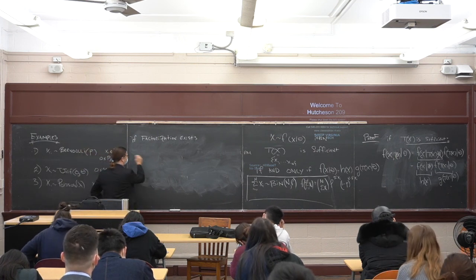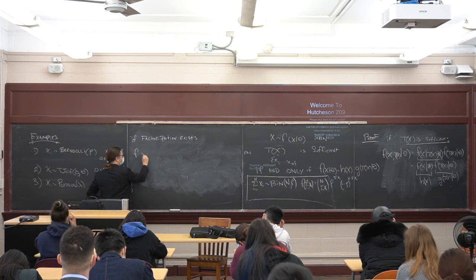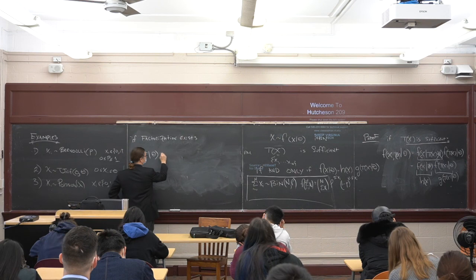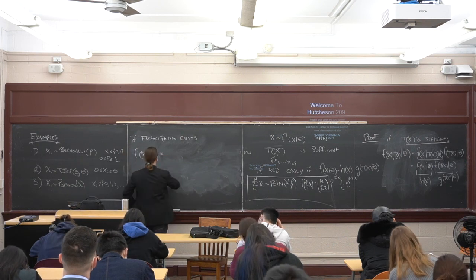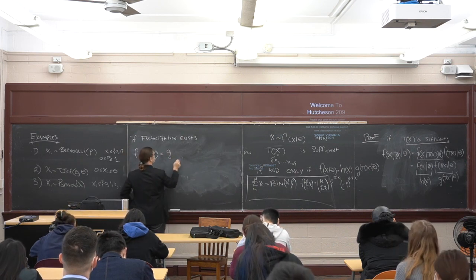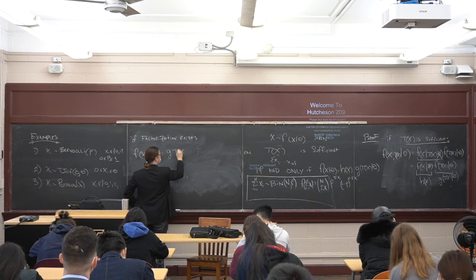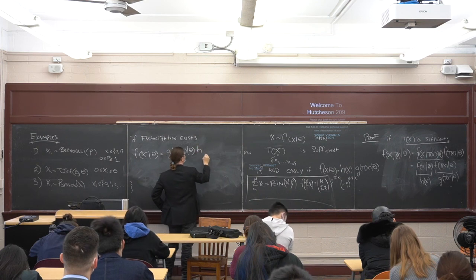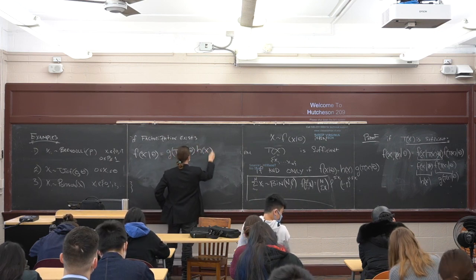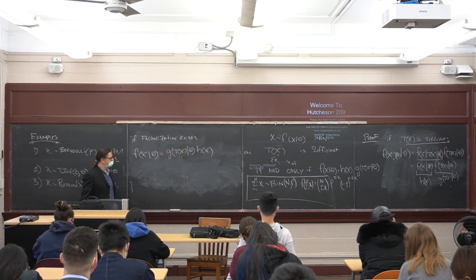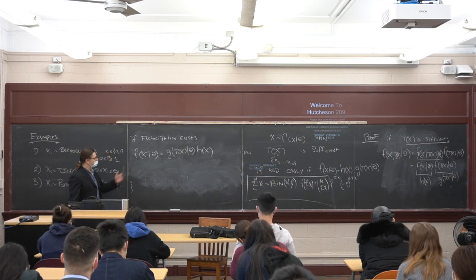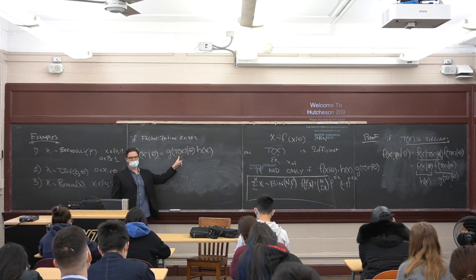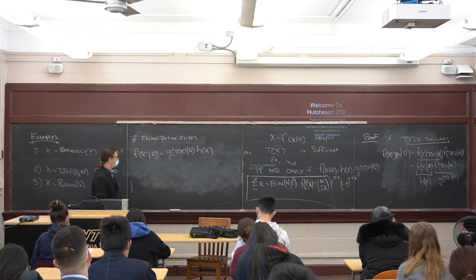So if the factorization exists, I can write down f(x given theta) is equal to g(T(x) given theta) times h(x). So that's the factorization that we're talking about. It exists because I say it exists. Whatever this is has to be sufficient, and that's what we'll prove in a moment.